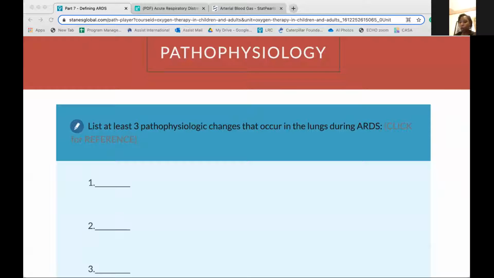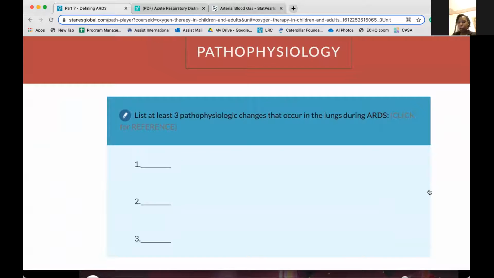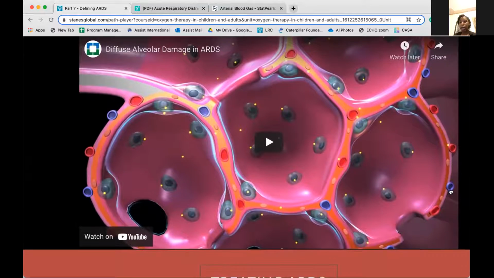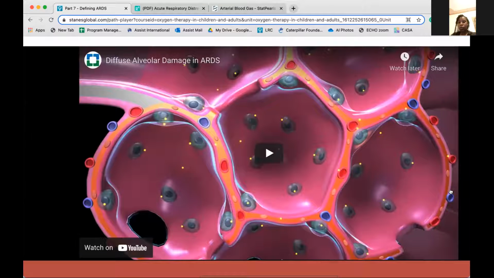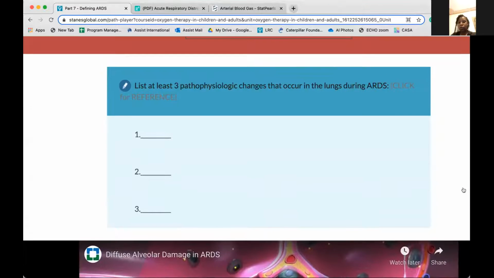You will see diffuse alveolar damage when you do histology, in essence, when you do a biopsy. So you'll see diffuse alveolar damage. And it has, in essence, three stages, in which we follow the early exudate stage.